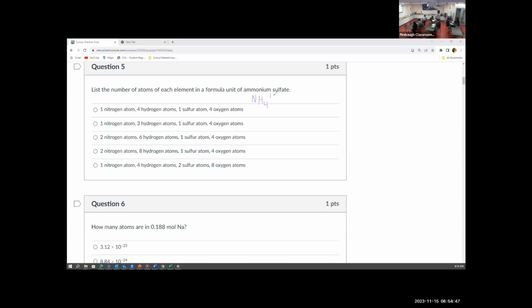Somebody said plus, that is correct. Okay, and then sulfate, SO4, with the -2 charge. So I can use my polyatomic table to find that, right? Okay, so then how many ammonium am I gonna need? I'm gonna need 2 of them. So I'm gonna need NH4, parentheses, 2, SO4.